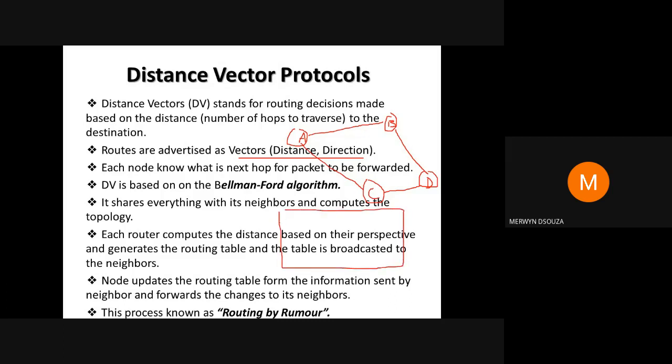Suppose it wants to send a packet to B. The destination node would be B, and the packet has to be forwarded in this direction, so the next node where the packet has to be transmitted is also B. Suppose the distance was 1, then it would write the distance metric here as 1.